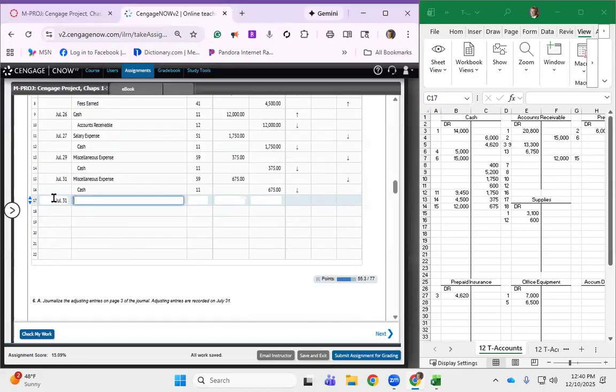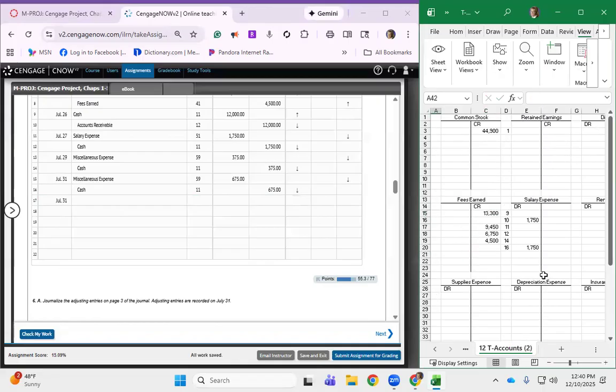Recorded cash from cash clients for fees earned for the period. So cash is going up for cash sales. This is number 19. Okay, $5,000. And why are we getting the 5,000? We are doing the revenue.